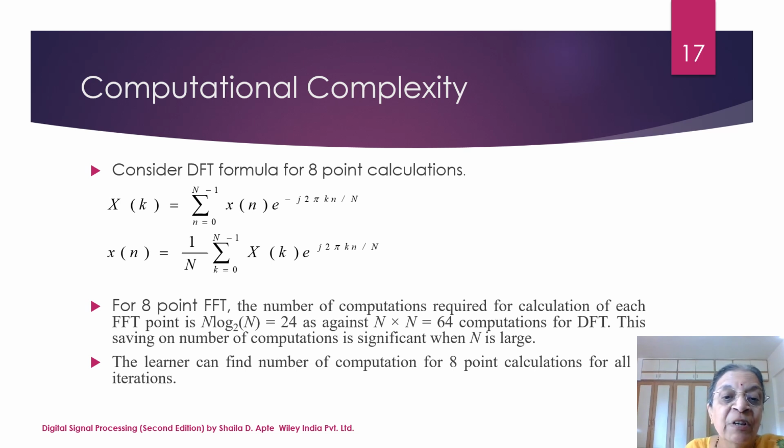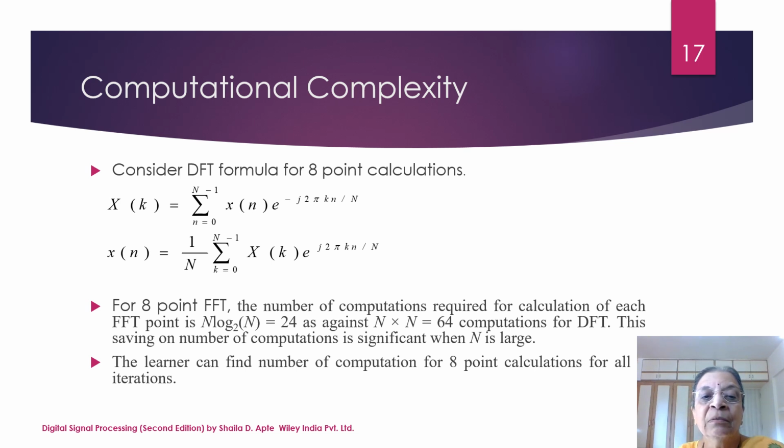That is N means 8, 8 multiplied by log 8 to the base 2, that is 3. So 8 into 3, 24. So 24 computations as against 64 computations. But if N is very, very large, then there is a significant reduction in the number of computations.